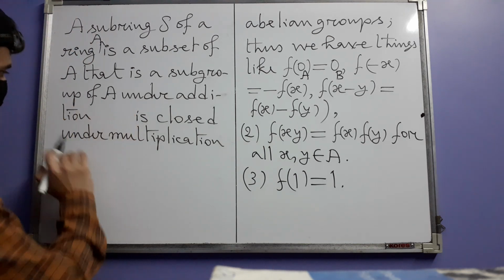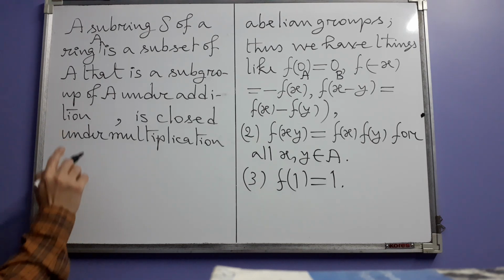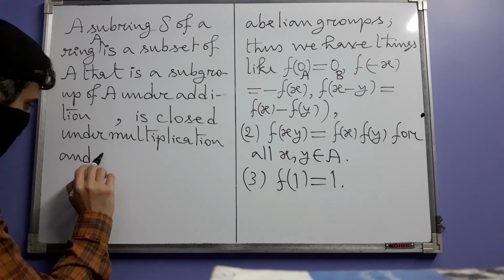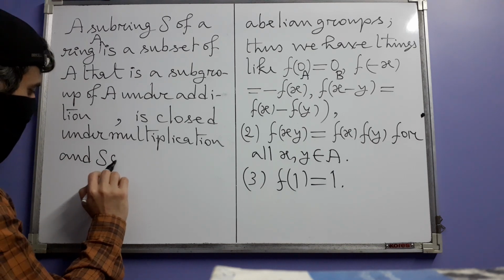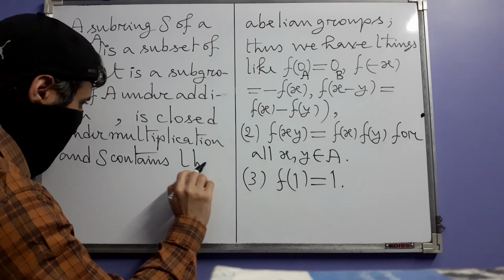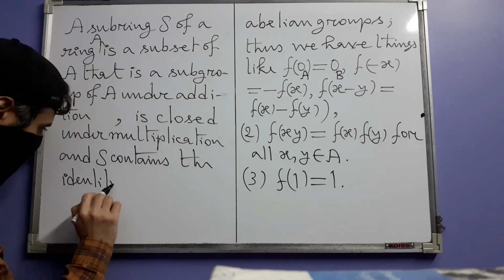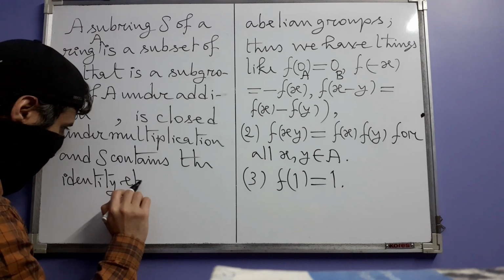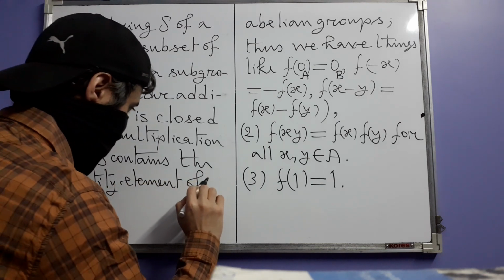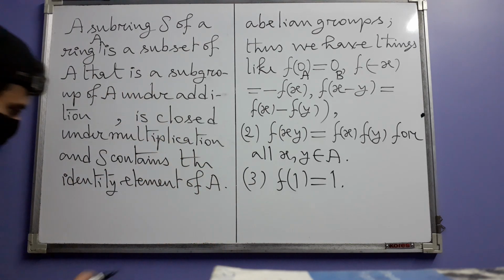There is one more thing that needs to be satisfied by S. S is closed under multiplication and S contains the identity element of A. Okay, so let's now see that example.